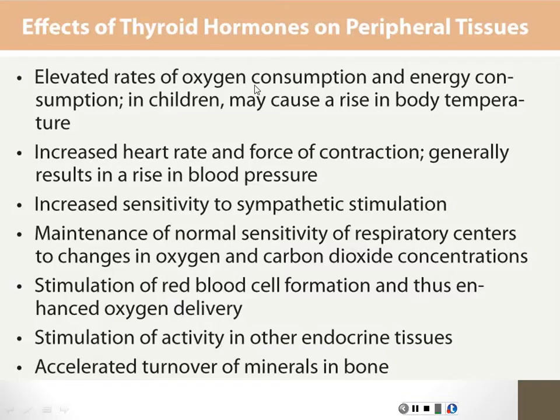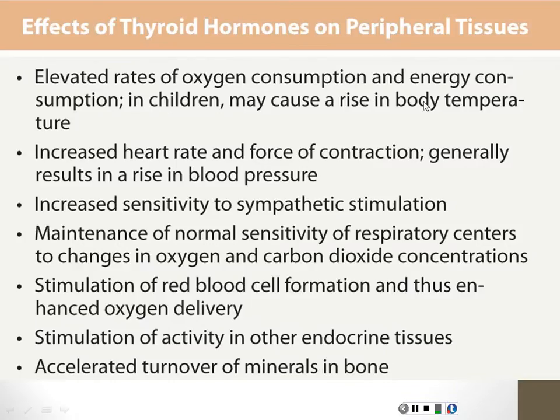Now, how does that make sense? The mitochondria are the reason we need oxygen to live, right? Because the mitochondria use oxygen to produce ATP in huge amounts by creating CO2 and water in the end. So if you stimulate the mitochondria, your oxygen consumption is going to go up, as is your energy consumption. Your calories burned are going to go up under the influence of thyroid hormone.